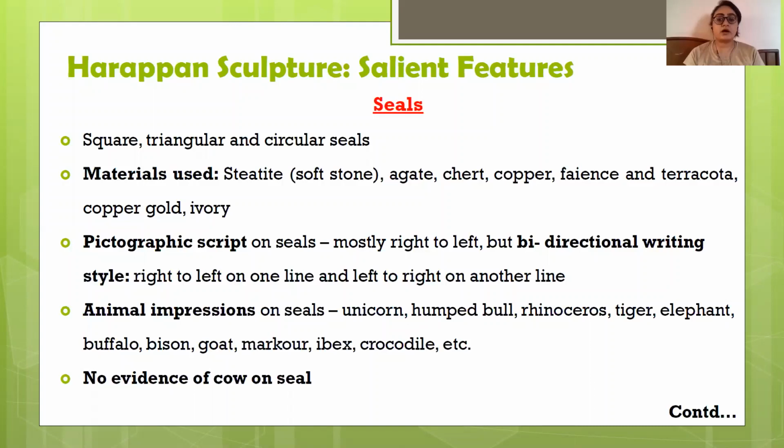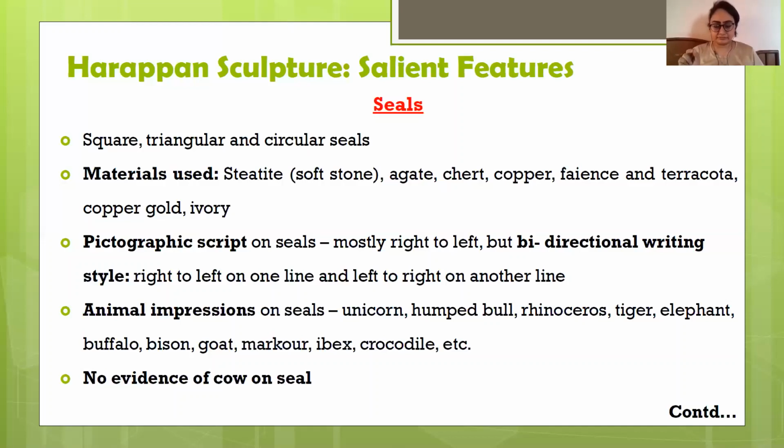Such a question has also come in the exam, whether the script of the Indus Valley civilization has been deciphered or not. So this pictographic script is bidirectional. Mostly it is written from right to left, but at many places it is found that it is written from left to right as well. In one line it is from right to left and on the other line it is left to right.